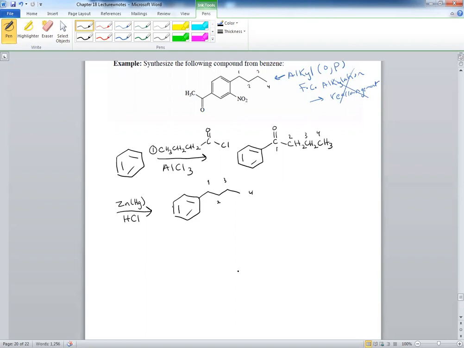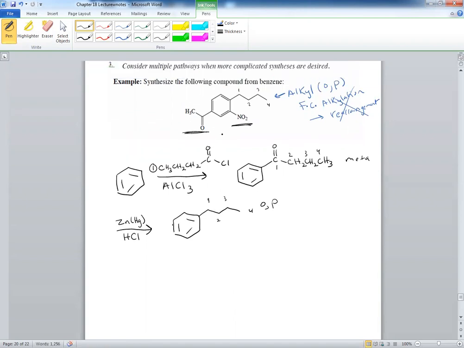Very well. Now, we had to reduce this because otherwise this would be meta directing, while the alkyl group is ortho-para directing. So it would not give us the other substituents. So you should be aware of why we had to reduce. Very well. So now let's go to the next step.